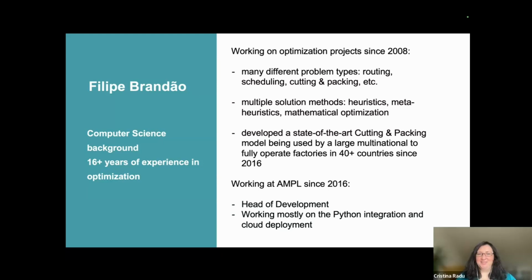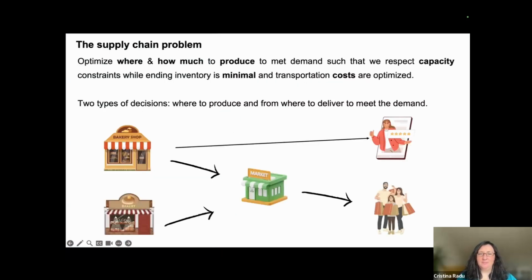Okay, thanks, Felipe. That was a great introduction. So let's start with the supply chain problem. So what is the supply chain problem? As we know, in supply chain, we have, let's say, three types of concepts in the sense that we have production facilities, factories, here shown as bakeries.